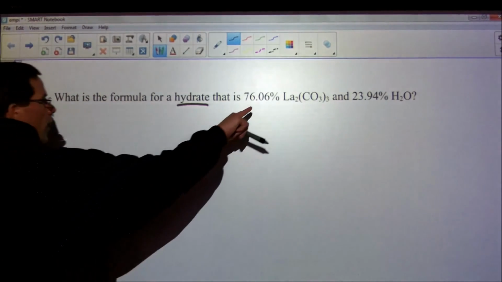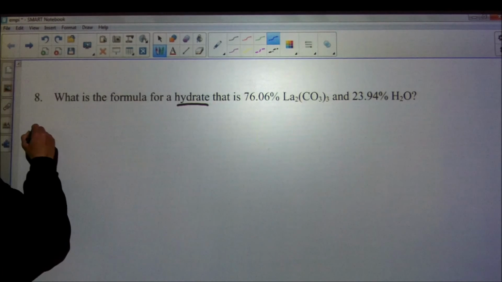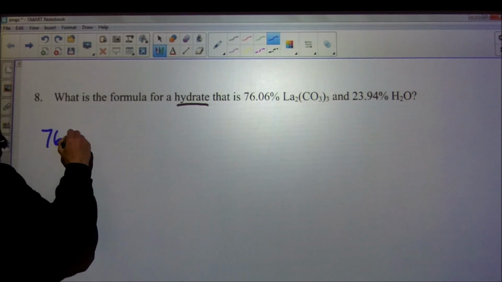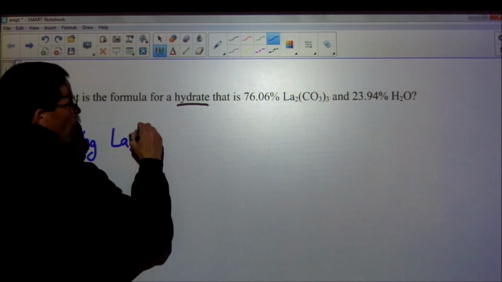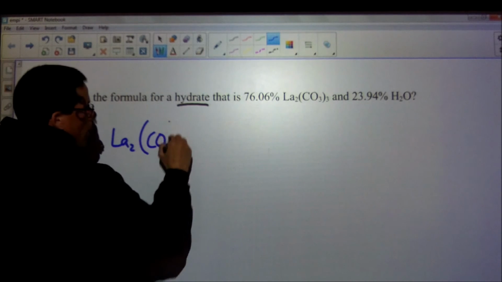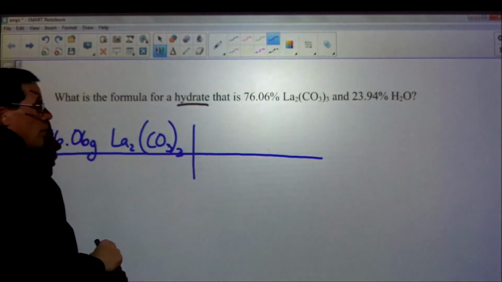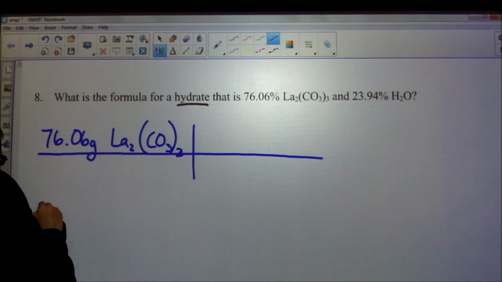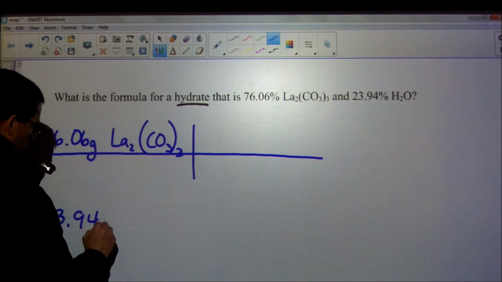So let's go ahead and take these percentages and make them into grams. So again, we have 76.06 grams of our La2(CO3)3. And we'll find out what the molar mass of that is here in a moment. And then we'll do our 23.94 grams of water.